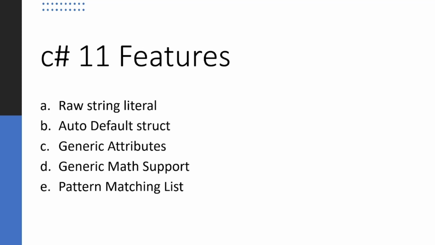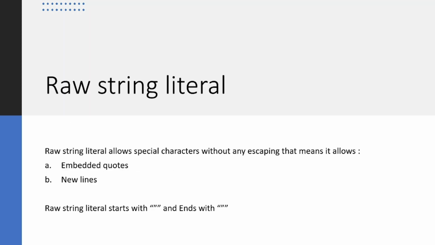As part of this release, Microsoft is providing us 5 new language features, which are raw string literal, auto default struct, generic attributes, generic match support, and pattern matching list. We are going to cover each of these 5 features one by one. Let's start with raw string literal.